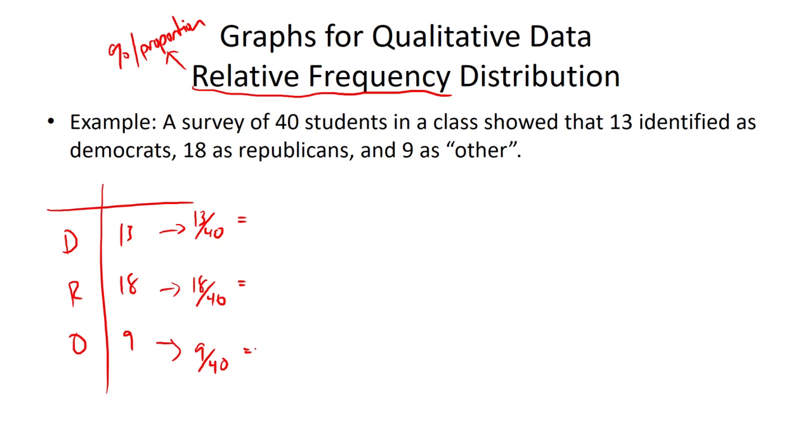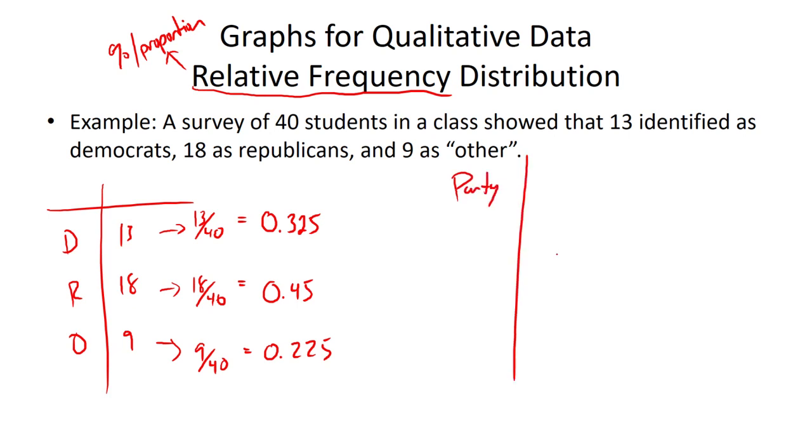Anybody got a calculator they can plug that in real quick? 0.325? Yeah. Okay, so that would be the relative frequency. What's 18 out of 40? 0.45? Okay, and then the last one has to be 0.225? Yeah. Okay.